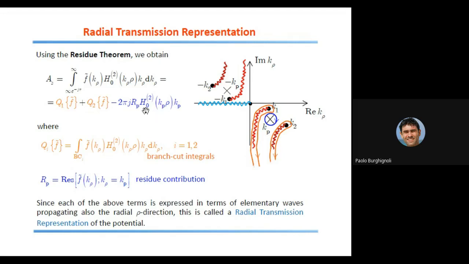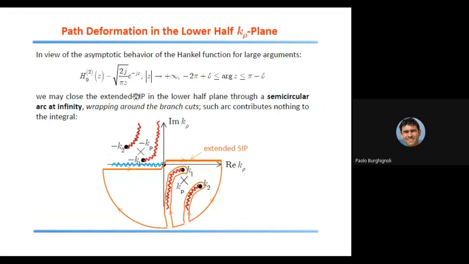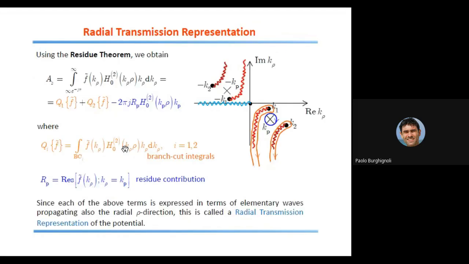And the Hankel function, as we have seen in the previous slide, asymptotically behaves like a cylindrical function. So it has a propagating rather than standing wave character. So for this reason, this alternative representation is called a radial transmission representation of the potential, whereas the former representation was the axial transmission representation of the potential.